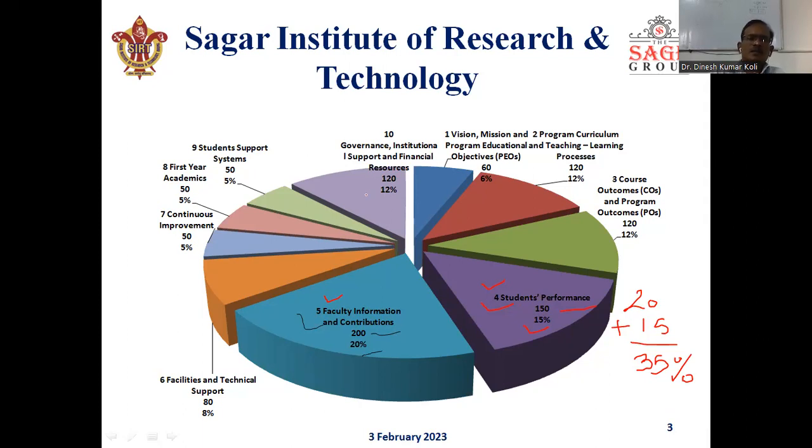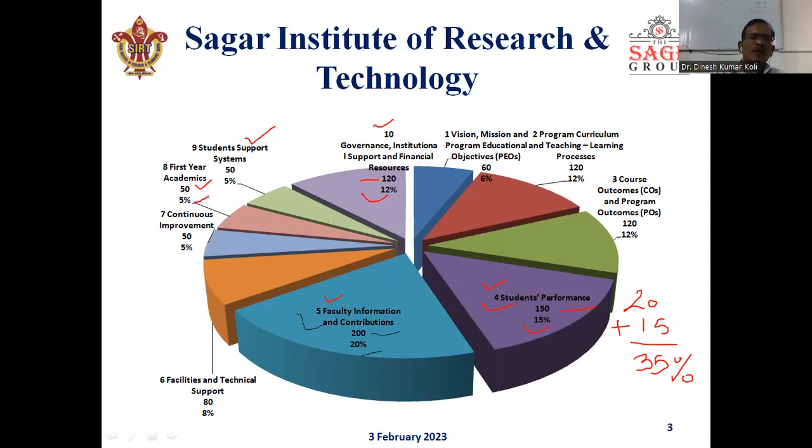Then if we go for criteria 10, it covers 120 marks or 12%. Criteria 9 covers 50 marks, the student support system. You can see here criteria 8 also covers 50 marks, 5%.